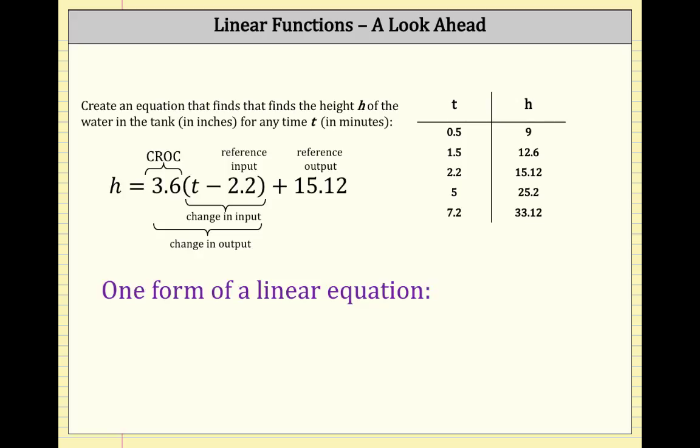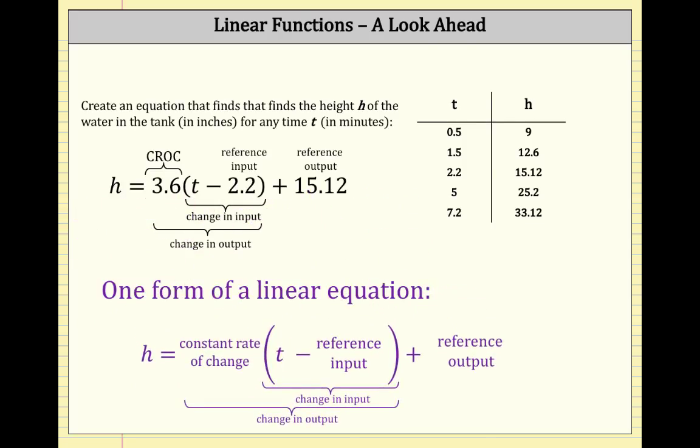But what we have also learned is we have discovered one form of a linear equation, which is similar to the one above. One form of linear equation is that for the height of water at any given time, it's going to be the constant rate of change times the quantity (t minus the reference input) plus the reference output. In our situation the constant rate of change was 3.6 inches per minute, but you could imagine the water could be draining, or filling at a faster rate.